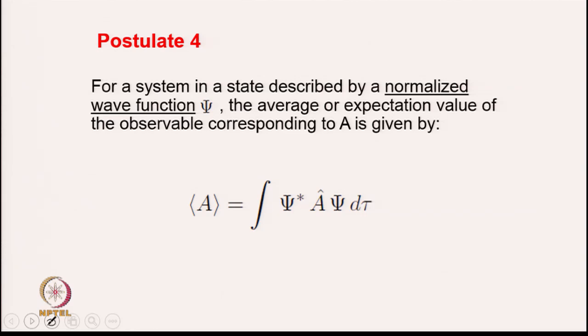Now, we will go to the next postulate, postulate number 4, which tells you that for a system in a state described by a normalized wave function psi, the average or expectation value of the observable corresponding to A is given by psi star A psi d tau.